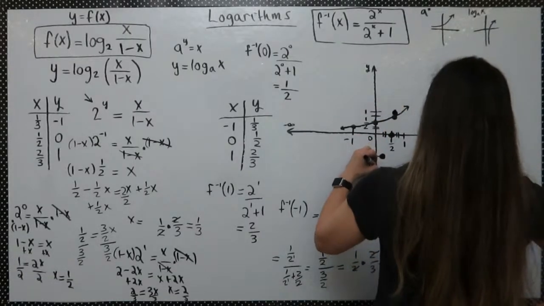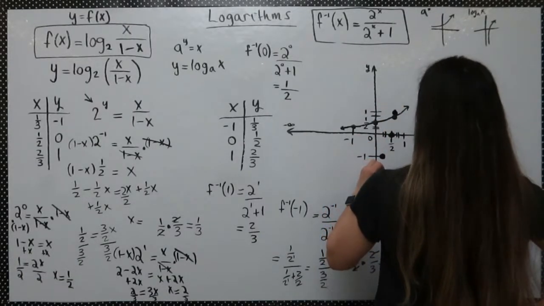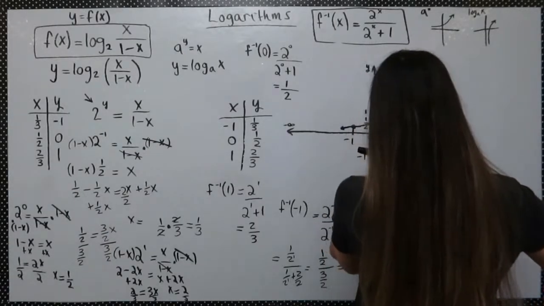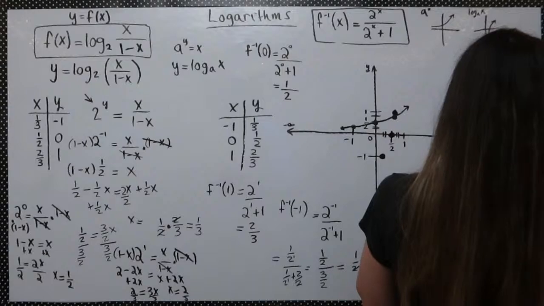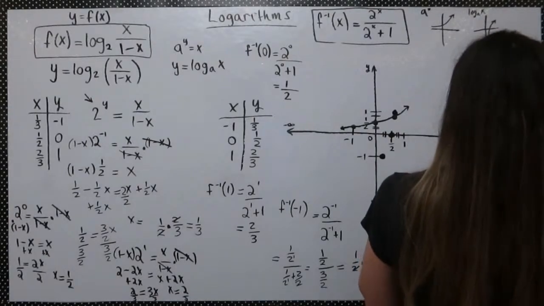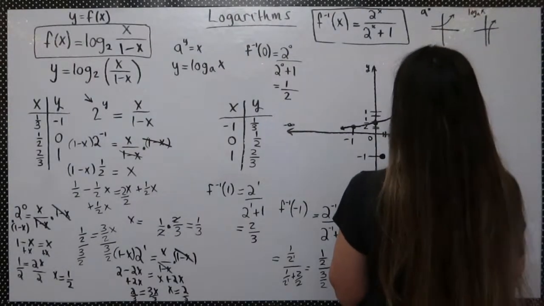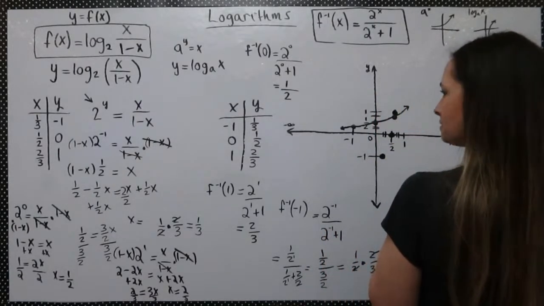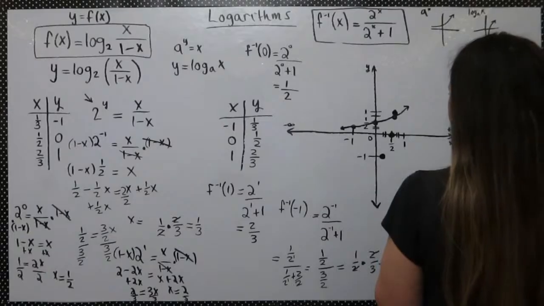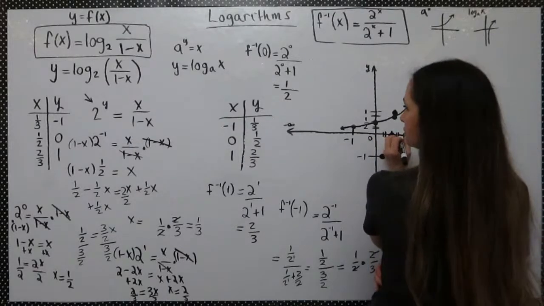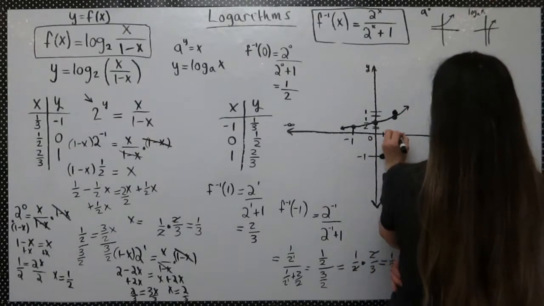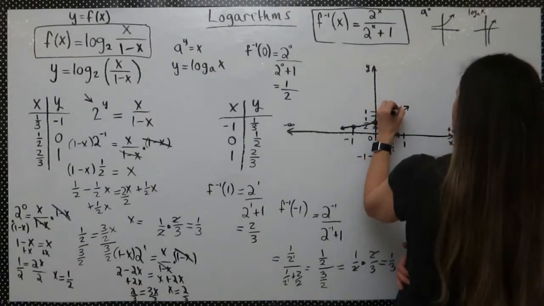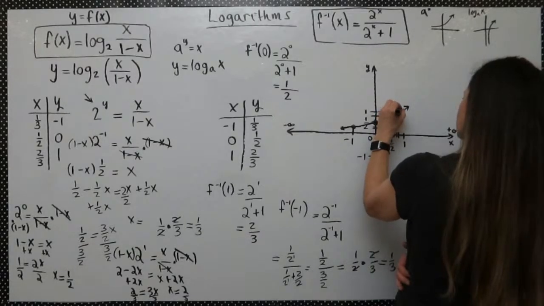So it's just on the other side of the intersection. So 3/4, 2/3, 1. Right there. So that's real close to that one. That one's 1.